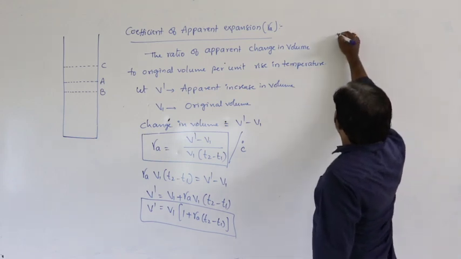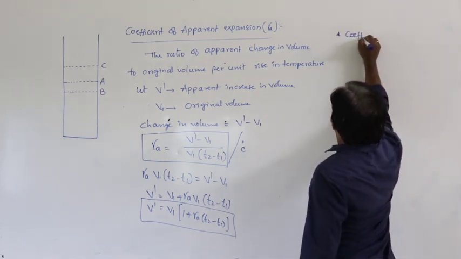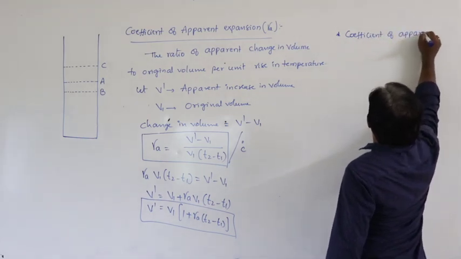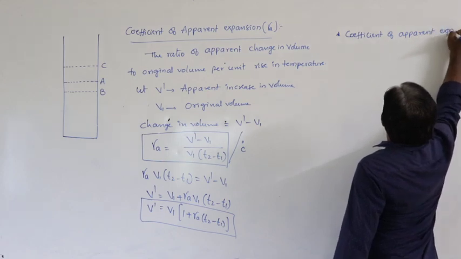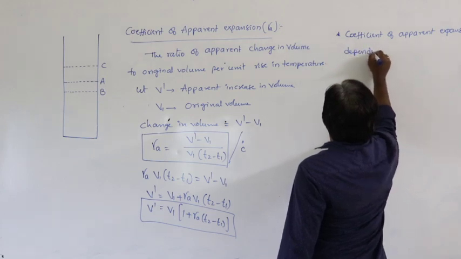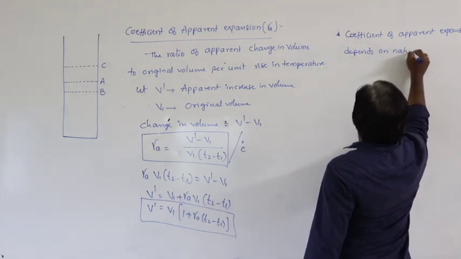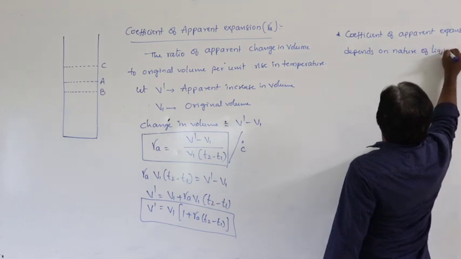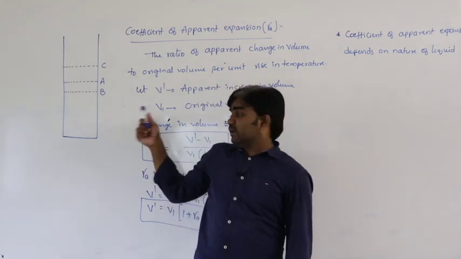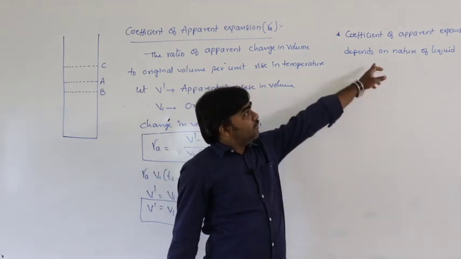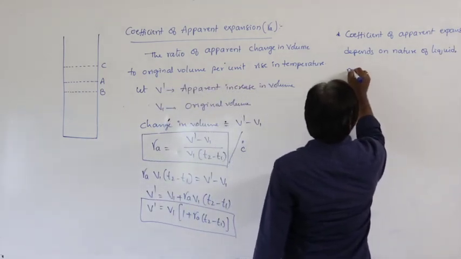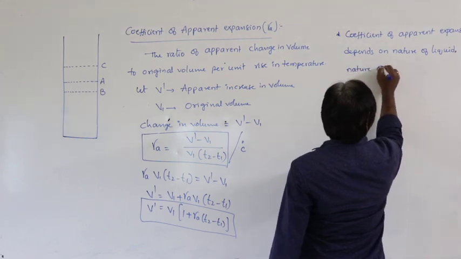And here, remember, the coefficient of apparent expansion depends on the nature of the liquid. What is the liquid we are heating? What is the liquid we are taking into the container? So apparent expansion depends on the nature of the liquid and the nature of the container also.